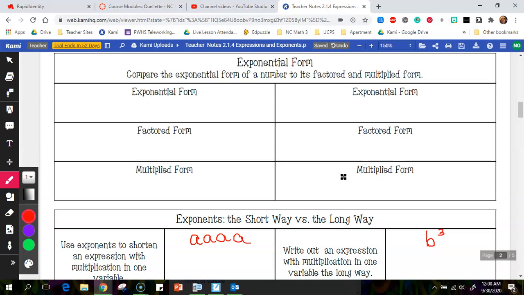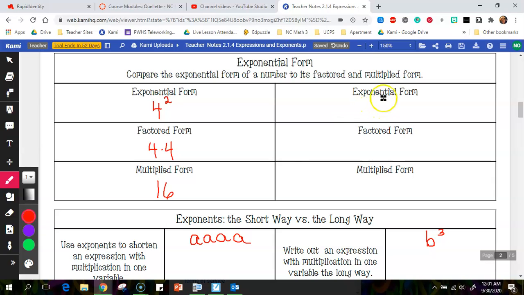Okay, so let's talk about what exponential form and factored form look like. We're going to use the example 4 squared. So that's exponential form where you've got the exponent here. Factored form for that would be 4 times 4. And then multiplied form would be when you actually multiply it out and get your 16.